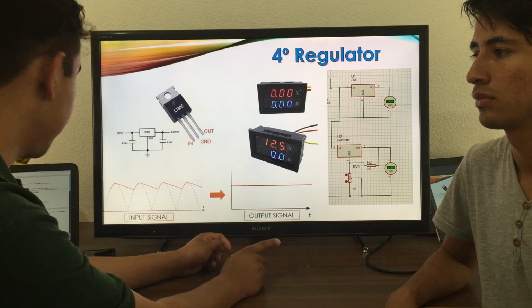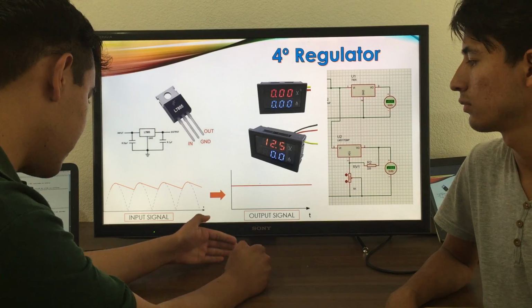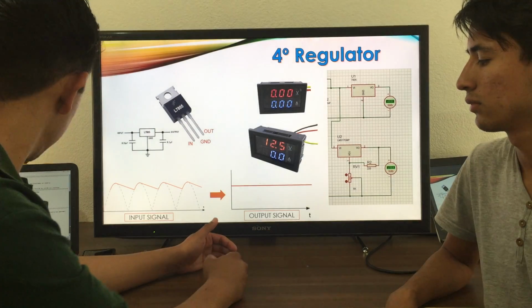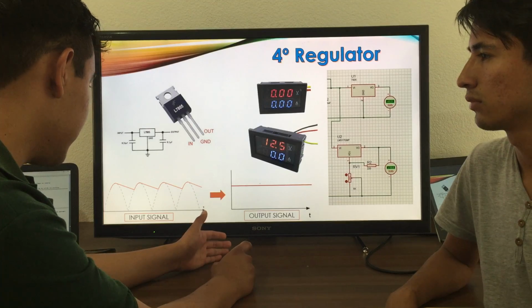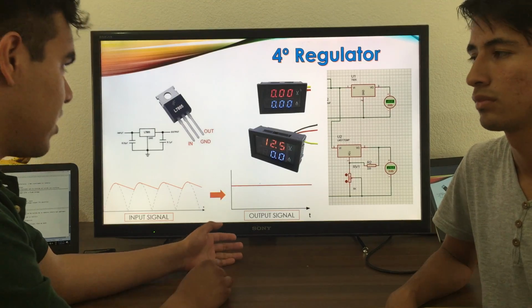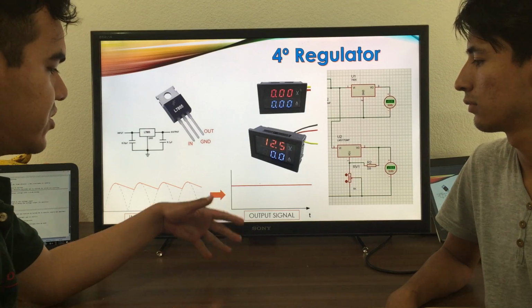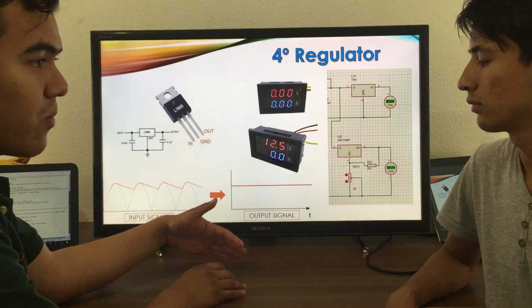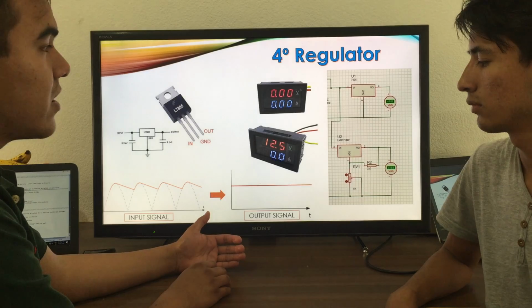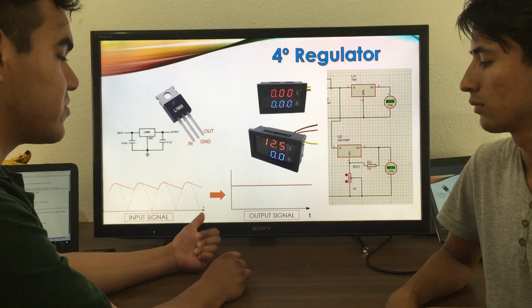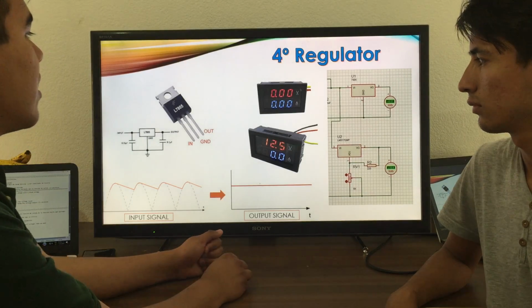And the last aspect is that the current that comes off the ground terminal is null. For example, in our power supply we used the LM317 as the regulator circuit.